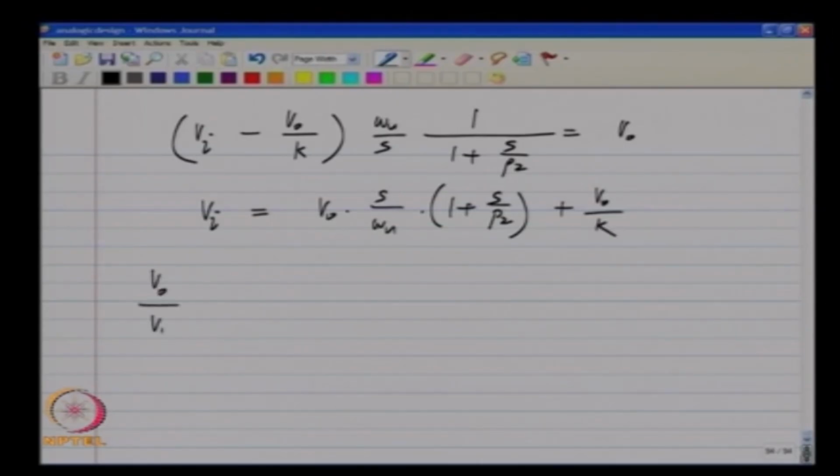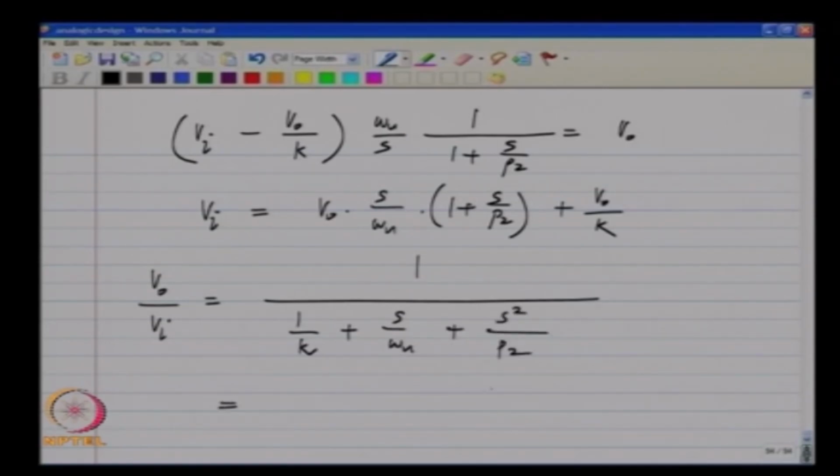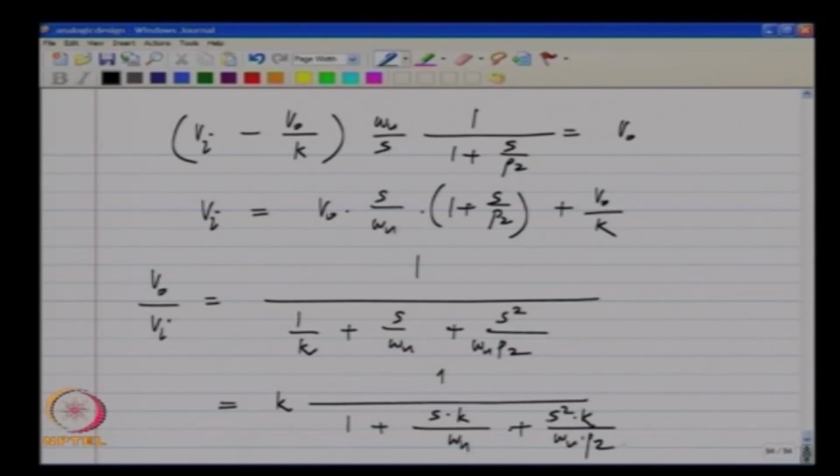So, V naught by V I turns out to be 1 by 1 over k plus s by omega u plus s square by P 2, which can be rewritten by pulling k outside. S square k by omega u times P 2.